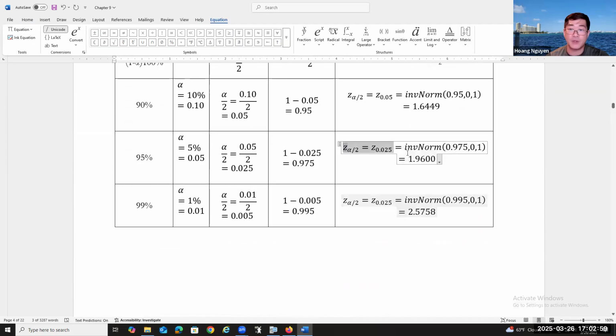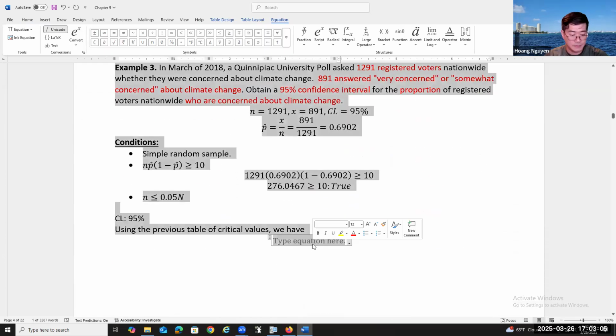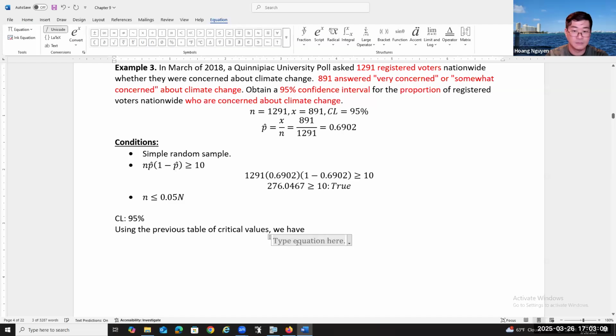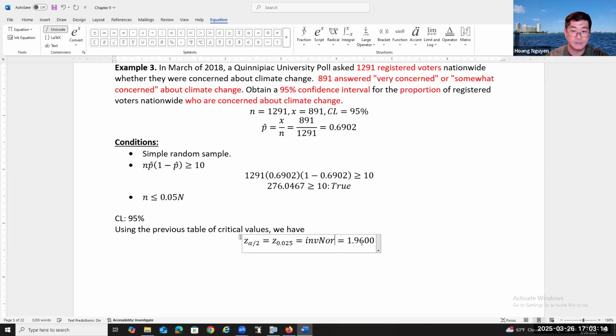It's going to be 1.96. Okay, so I just copy this then. So based on the 95%, we have the critical value is going to be 1.96.